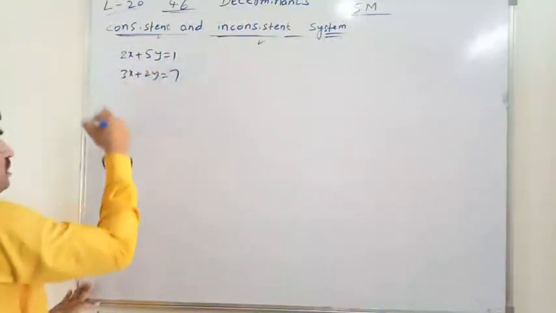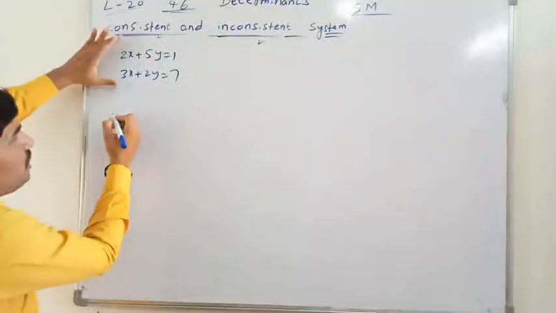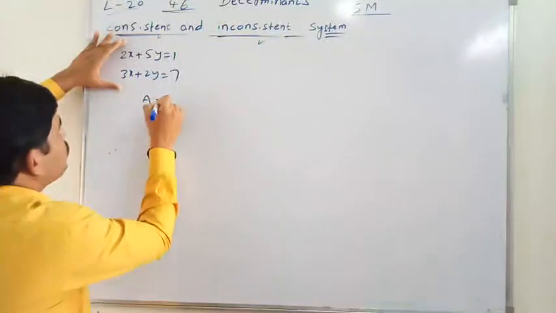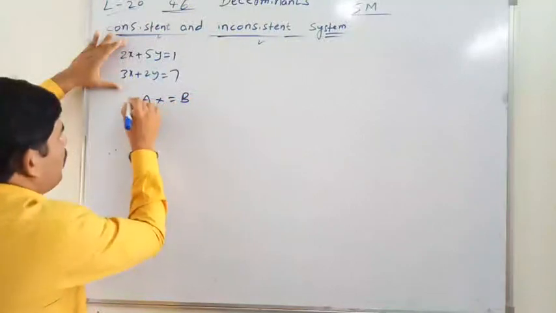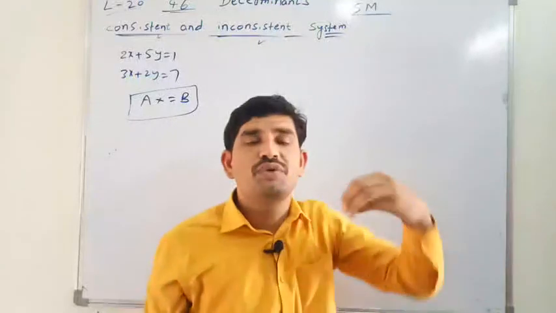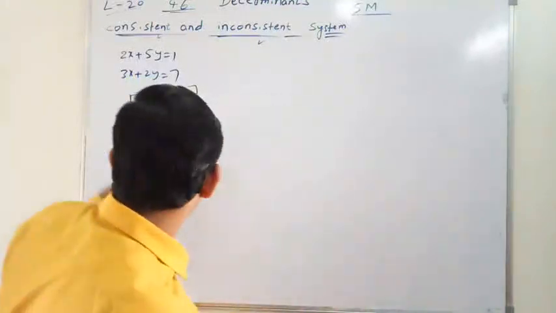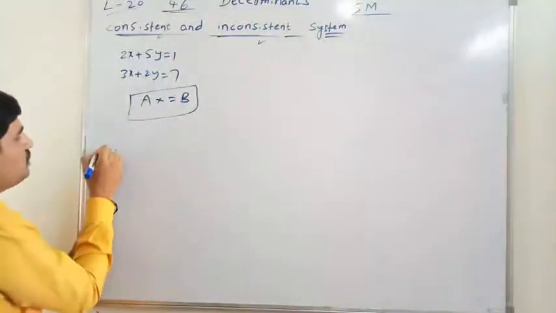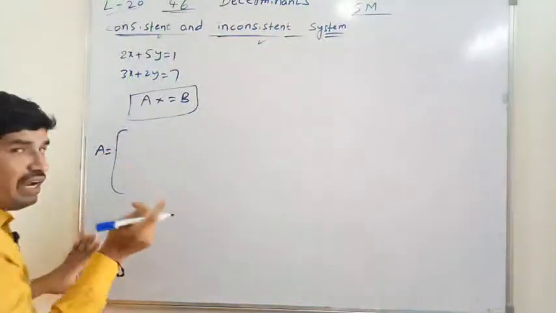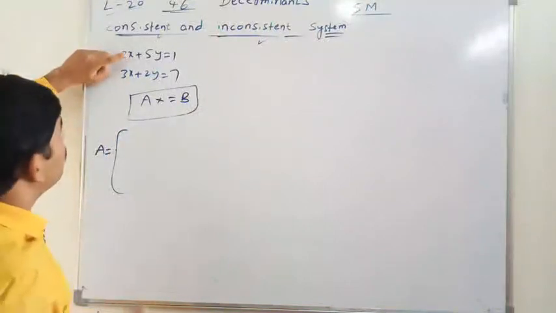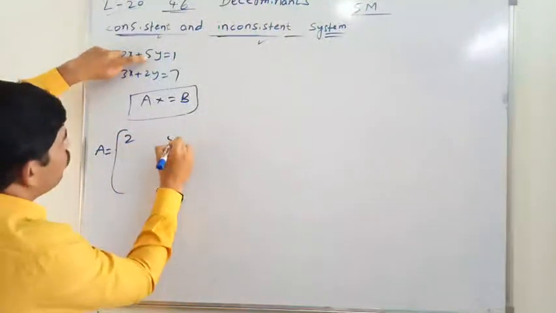Now, from this, I am going to write whatever equations are there. First, we have to write them in the form of Ax is equal to b. Remember, whatever equations are given in the question, first we have to write them in the form of Ax is equal to b. Sir, how will we write A? It is very simple. First see equation number 1: we write the coefficient of x and the coefficient of y.